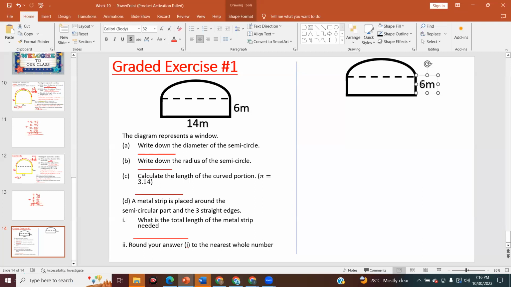Let's call this one... and let's call this one... Let's say that this is 18. I think we should be good with that.